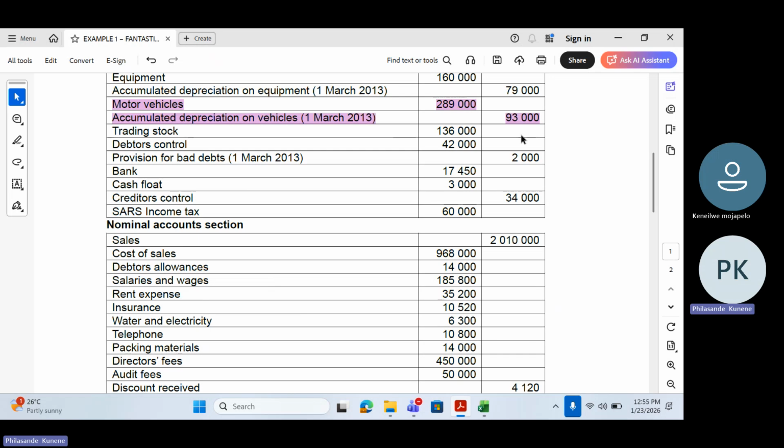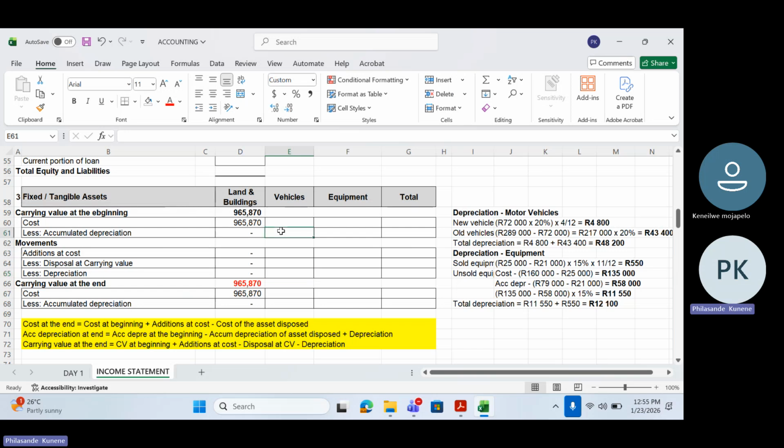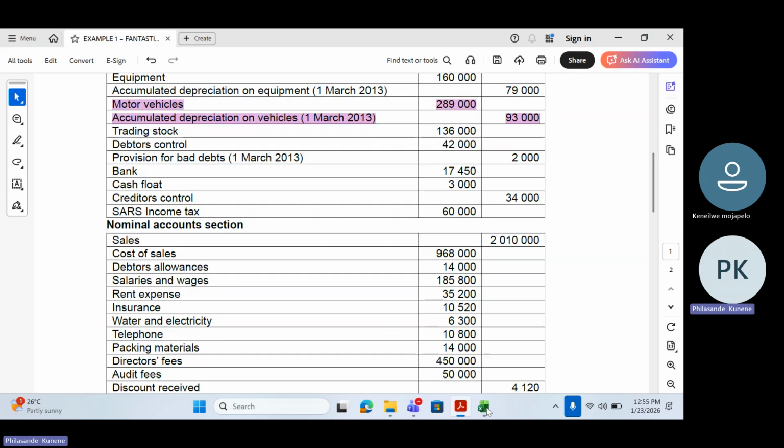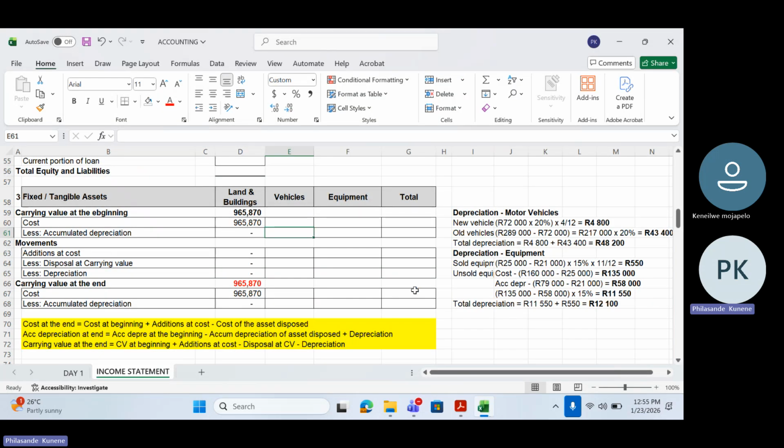Can you see that for the accumulated depreciation, they gave us the date to say, this is accumulated depreciation on 1 March 2013, which means we're sure that it's accumulated depreciation at the beginning of the year. Am I right on that? Yeah. So I will take it and put it here as accumulated depreciation at the beginning. How much is it? 93,000 rands for motor vehicles. So I'll come here and put minus 93,000 rands here. Can you see this?